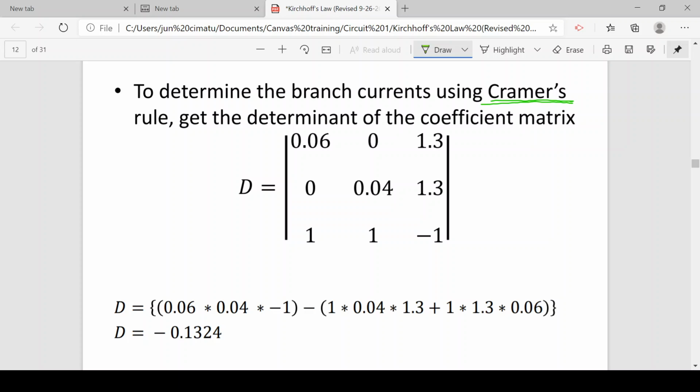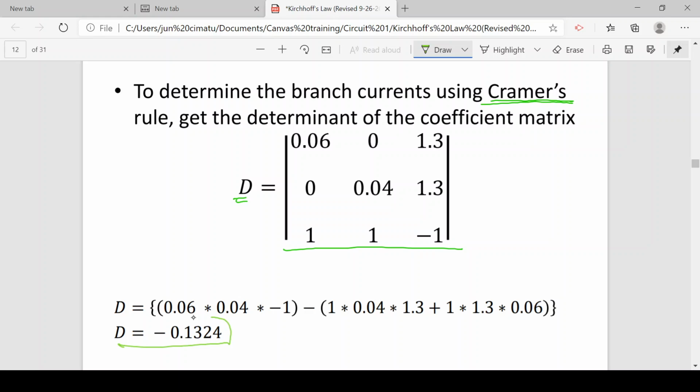And the first approach is to determine the determinant of the coefficient matrix. These are the coefficients of the first column, coefficients of the I sub 1, the second column, coefficients of I sub 2, and the third column are the coefficients of I sub 3.